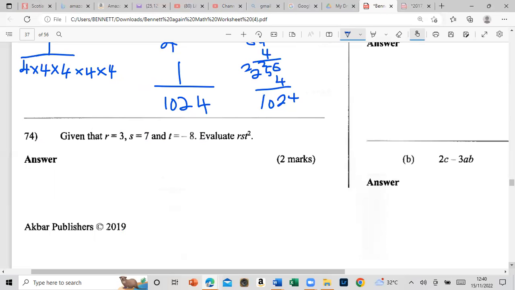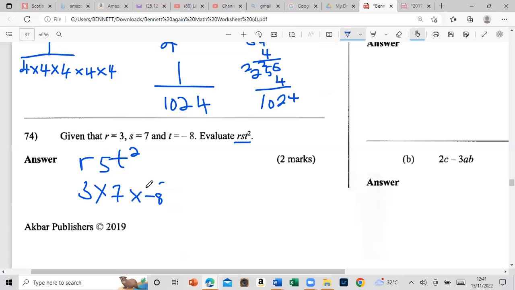Alright, so let's substitute. We have r s t squared. So r is 3, multiplied by s, which is 7, times t, which is negative 8 squared.